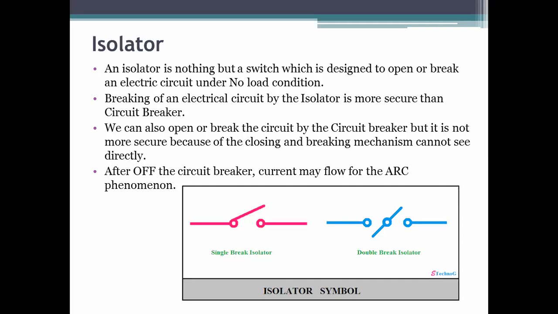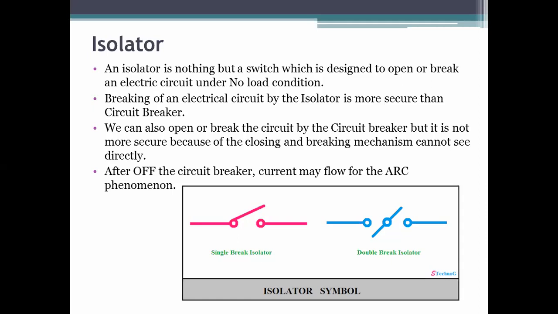Then we can also open or break the circuit by circuit breaker, but it is not more secure because the closing and breaking mechanism cannot be seen directly. Right. Also, we cannot see the direct closing and opening of that circuit breaker because the arc will be extinguished in between these two contacts only, right?